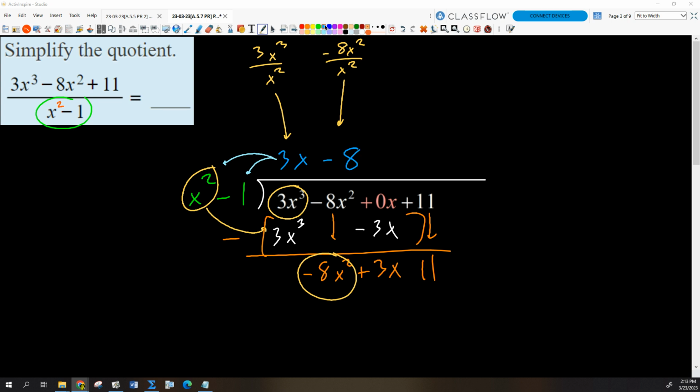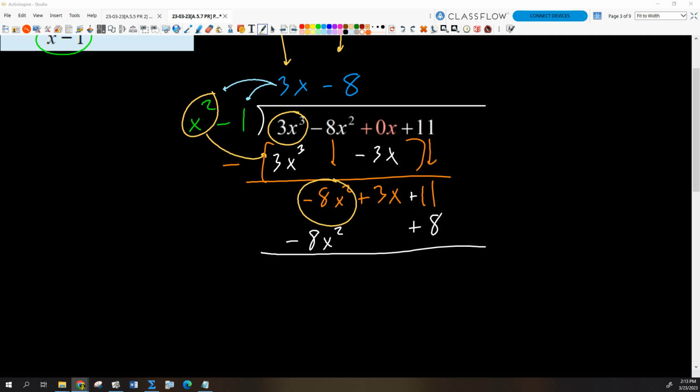Okay, so we distribute a negative 8 all the way through. And what's that give us? Negative 8 times x squared is negative 8x squared. Negative 8 times negative 1 is plus 8.